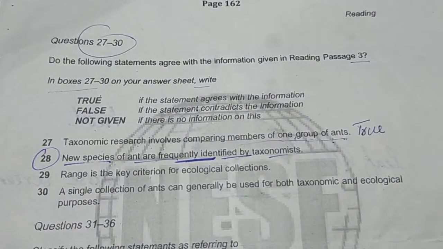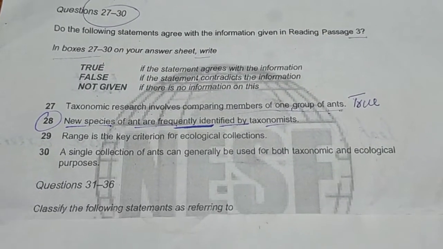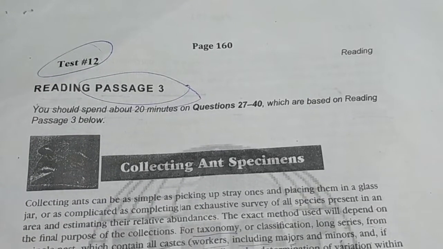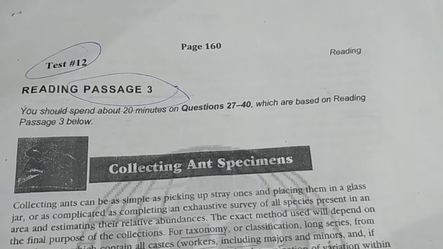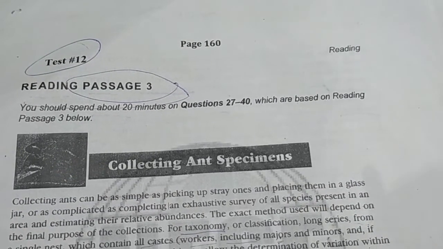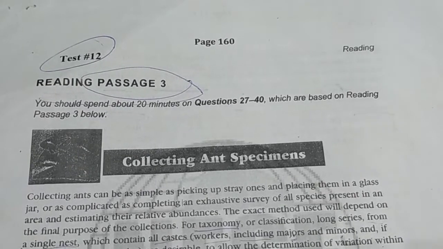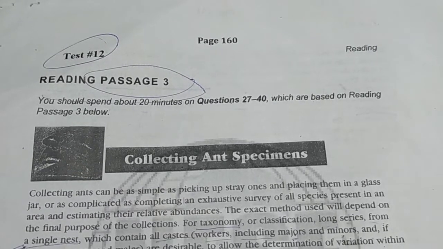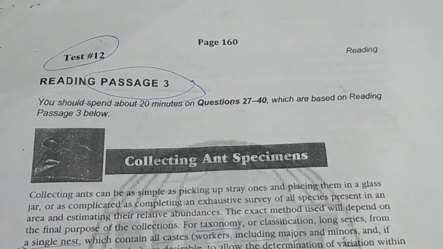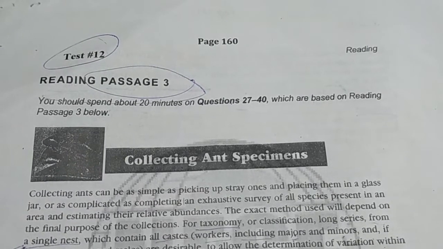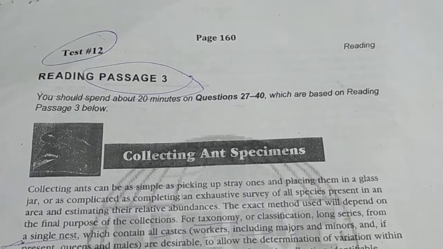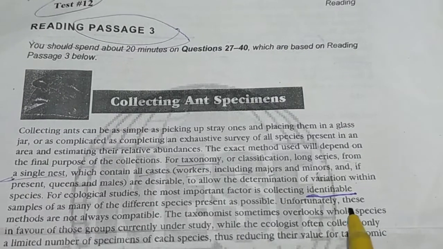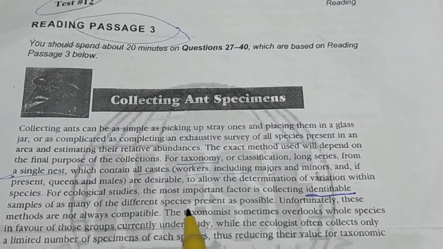Now we will again read the paragraph from where we skipped. For ecological studies, the most important factor is collecting identifiable samples of as many of the different species present as possible.